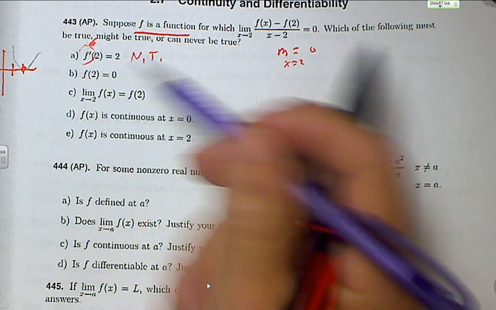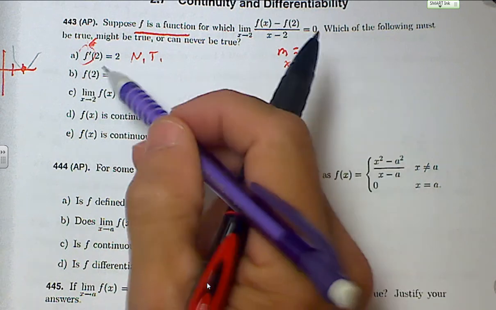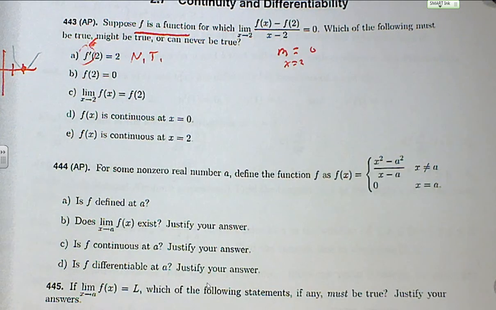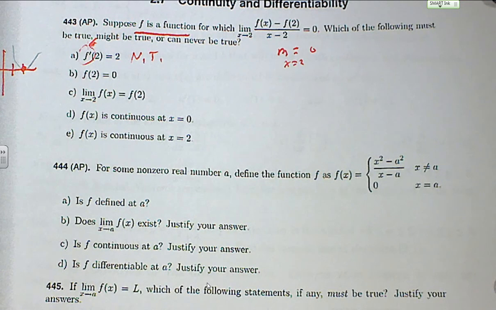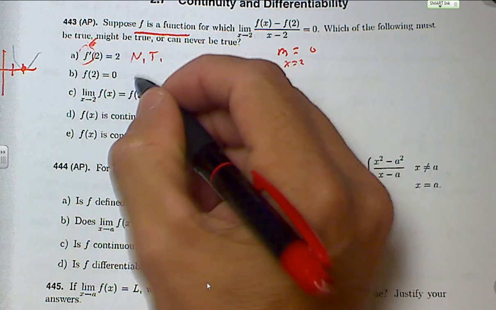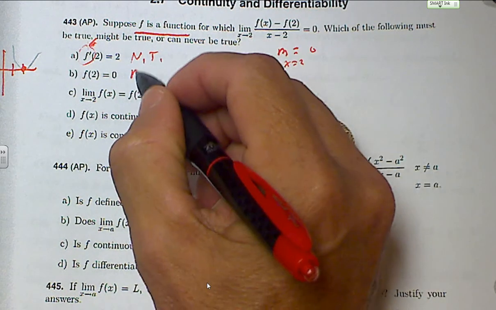It's possible. We don't know what f of 2 is. Any number of values can be valued for f of 2. We know one fact. What fact do we know? We know the slope at 2 is 0. We know nothing about the parent function. So it could be true. So, might be true.